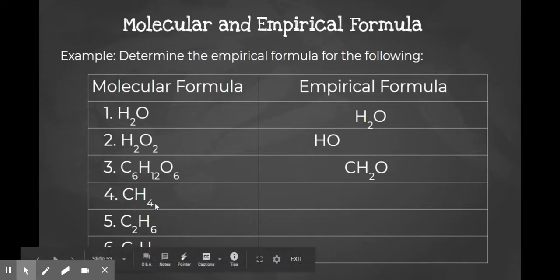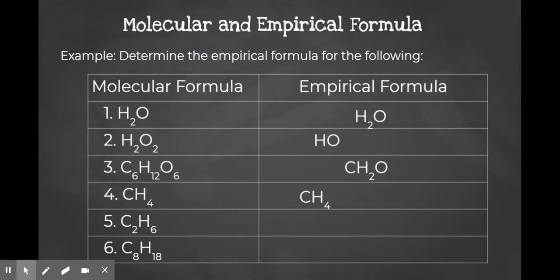Number 4, this is methane, in case you cared. 1 carbon, 4 hydrogens. There is absolutely no way to reduce that. 1 and 4 is what it is. Number 5, though, that's hexane. We can reduce that. We've got a 2 and a 6. Both of those are divisible by 2. So we end up with CH3. 6 divided by 2 is 3.